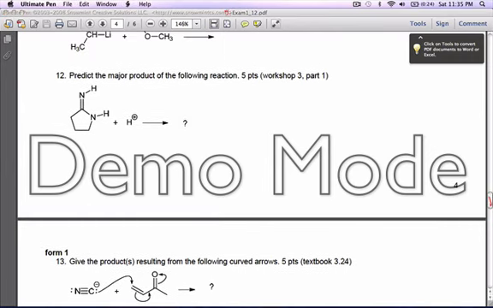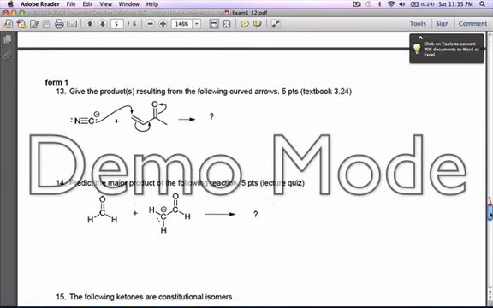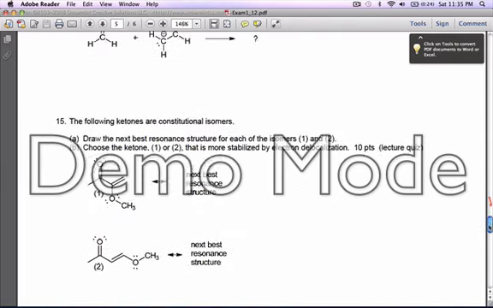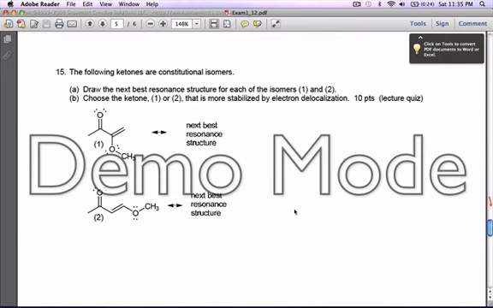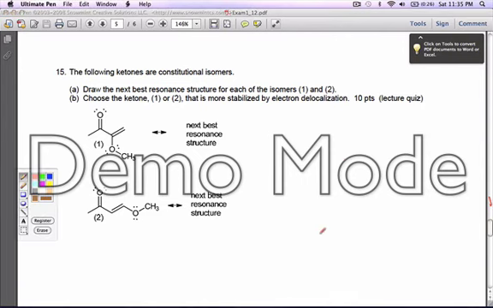Now this one is relevant, and I think this is actually the last question that we are going to go over. And here we go. Now this is some more resonance practice, and we are going to look at the lone pairs.